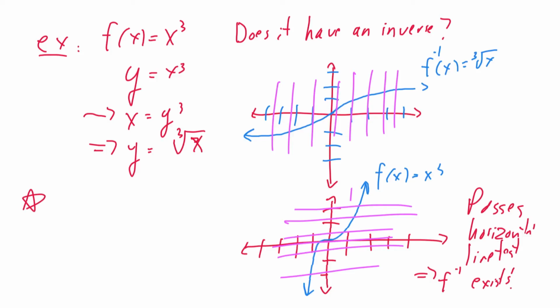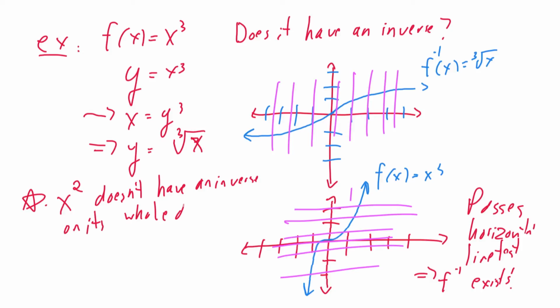So as a remark, x squared doesn't have an inverse on its whole domain. We needed to chop off the domain. But x cubed does.